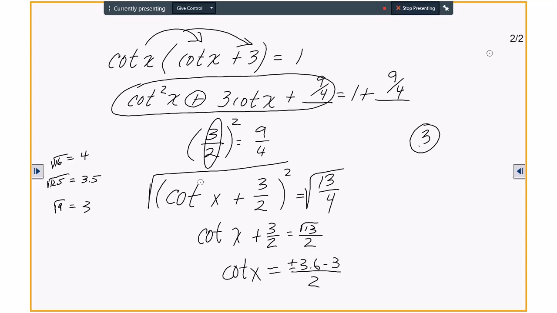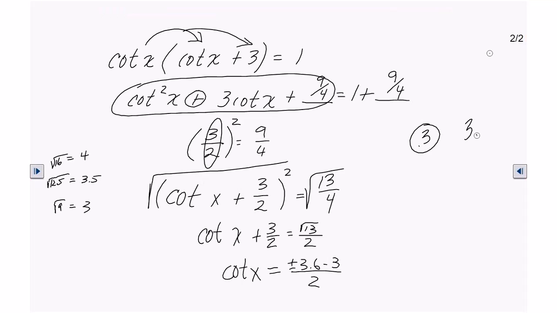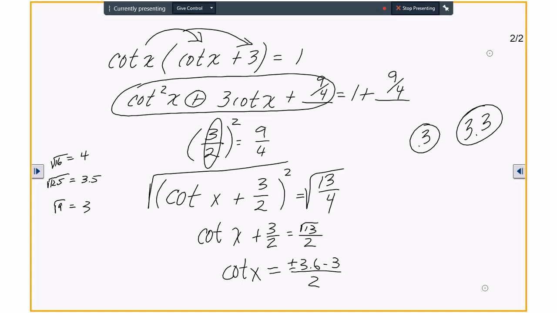Now if you owe somebody $3.60 and you owe somebody else $3, how much do you owe both of them? $6.60. What's $6.60 divided by 2? So these are going to be 2 off angles.